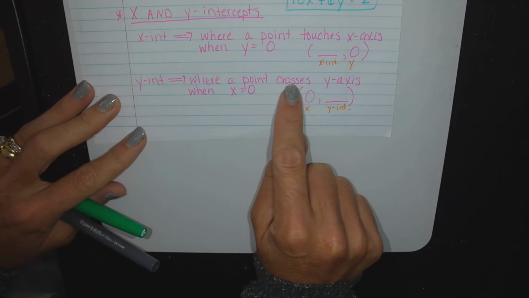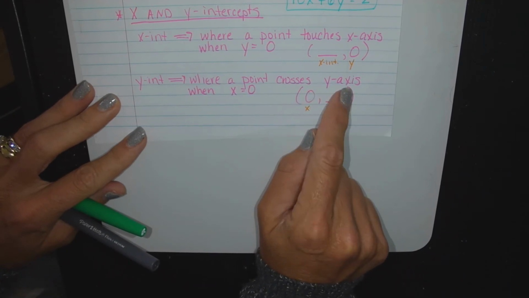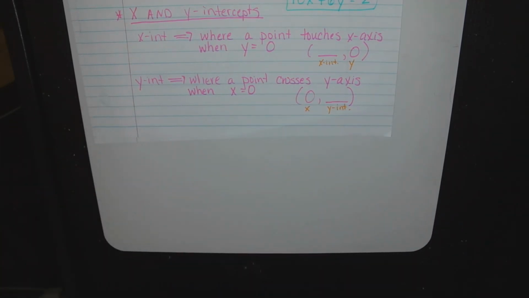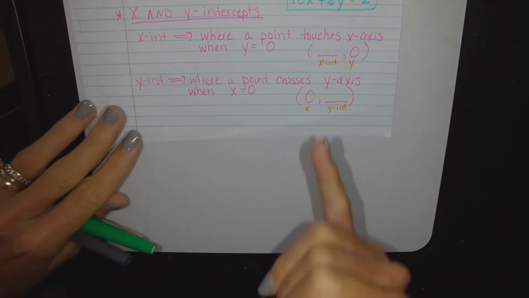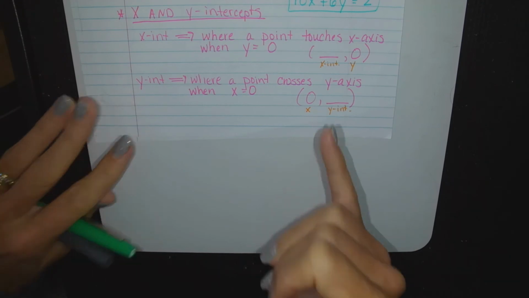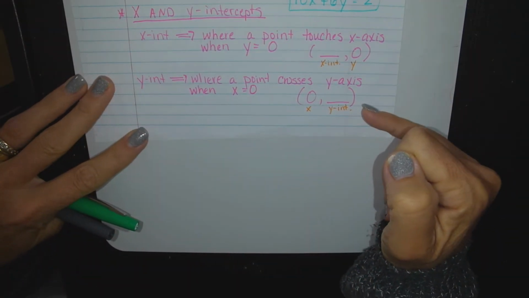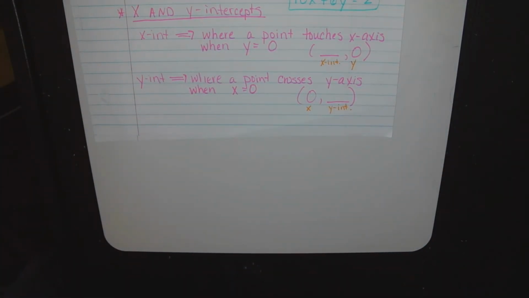The y-intercept is where a point crosses the y-axis, the one that goes up and down, and it is when x is 0. Two points, one on the x-axis, one on the y, and you will simply connect the 2 points and you will have your line. Your directions will be: graph using the x and y intercepts.